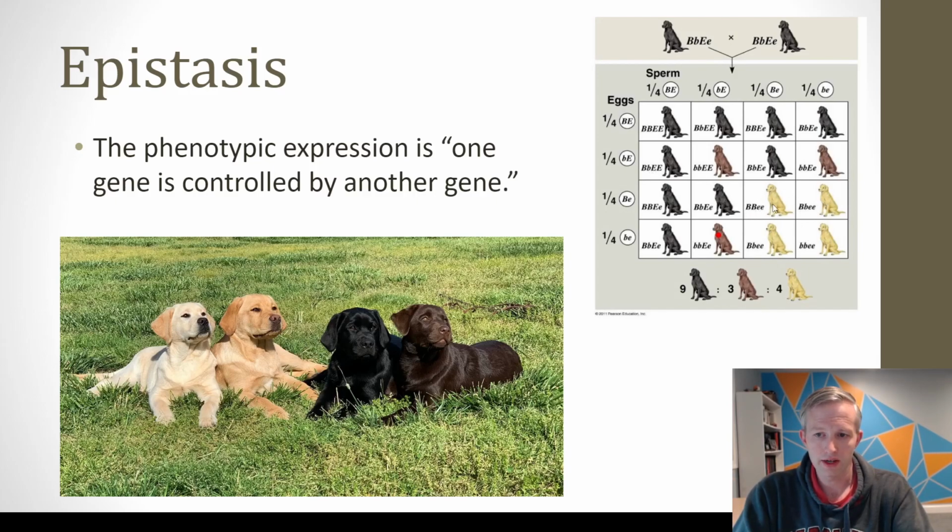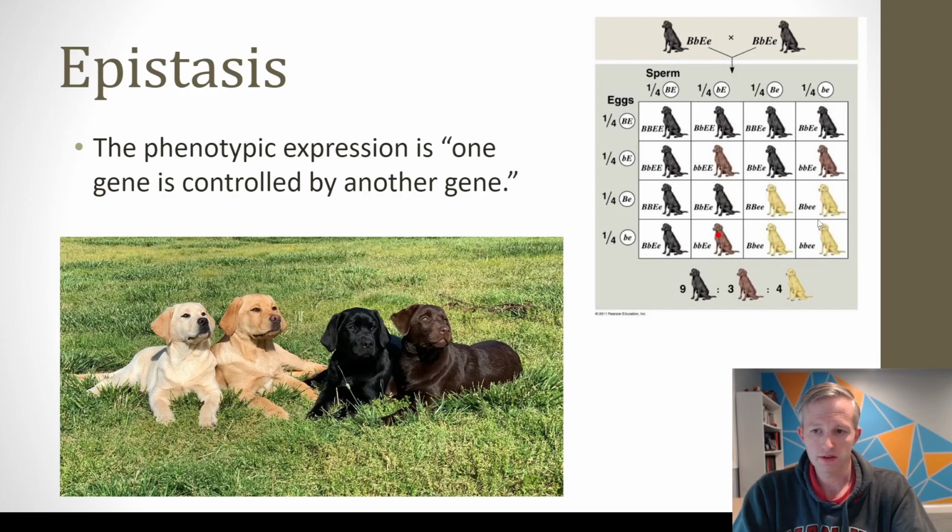So you notice that here we have, like, this would be a black lab, but it doesn't have the E's. This would be a black lab, this would be a black lab, but it doesn't have the E's. This would be a brown lab or a chocolate lab, but it doesn't have the E's. And so these dogs here still possess the genes coding for being a black lab or a chocolate lab, but they don't possess a copy of the allele that enables them to even show that coloration.